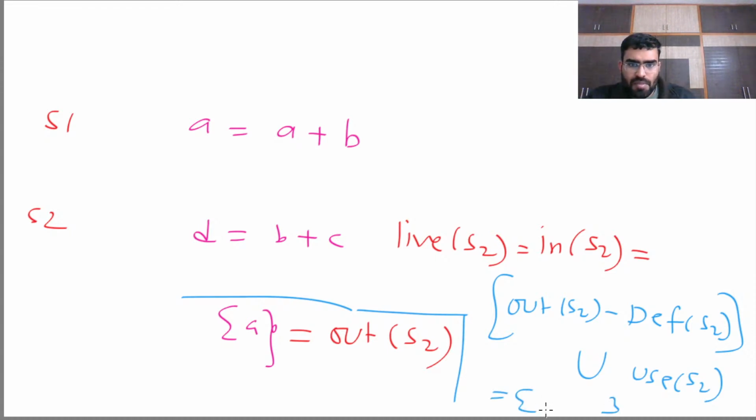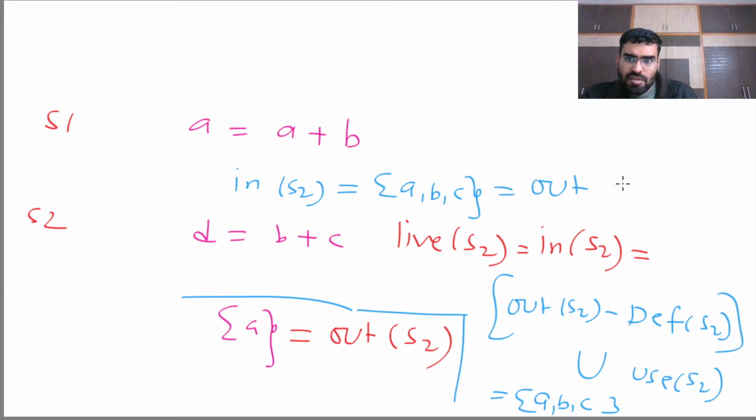That will be ABC. So in of S2 is ABC, and in of S2 is the same as out of S1. So tell me, what is live at S1? Live at S1.